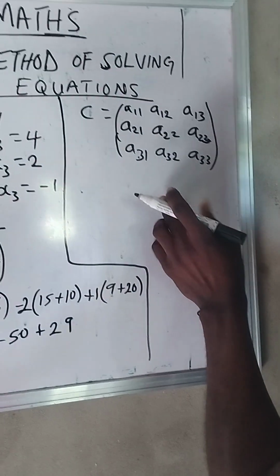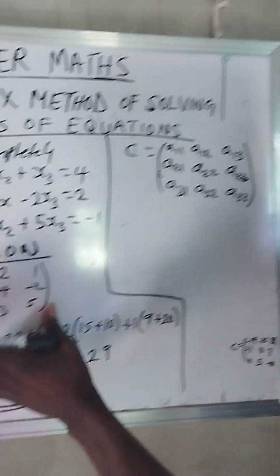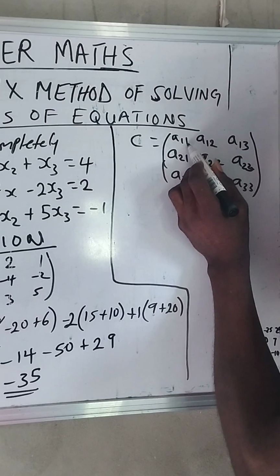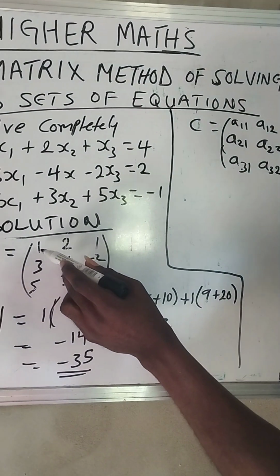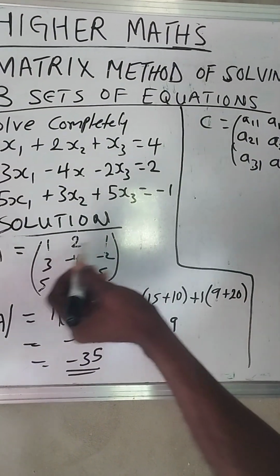So we use this formula to get the cofactor. A11 means the element at the first row and first column.